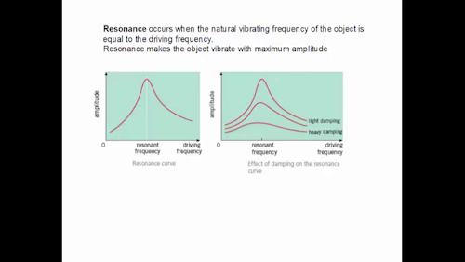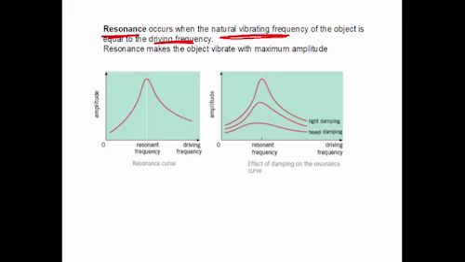We have here resonance. When the natural vibrating frequency is equal to the driving frequency, so we have the natural frequency of the body and we have the driving frequency if there is any external force, resonance will take place here.